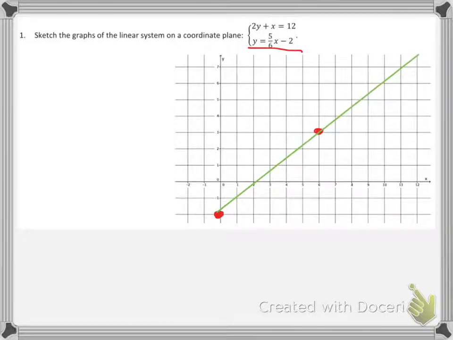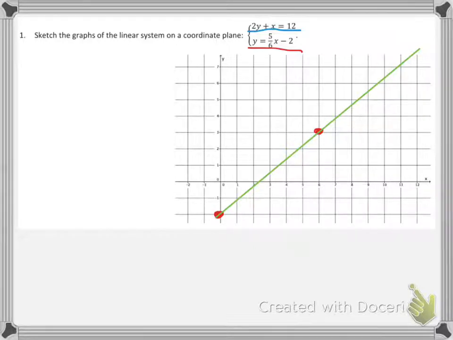So looks like I'm off a little bit on that bottom one. I'm going to try that again. That's better. All right, so something like that. And then on the first equation, let's see what we've got. It's standard form, and so I could find the x and the y intercepts.